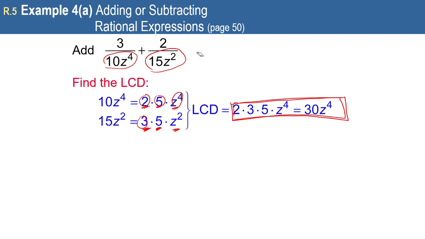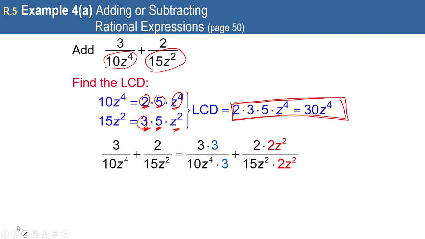So we'll multiply the top and bottom by 2z squared. Here I'm multiplying by 3, and here I'm multiplying by 2z squared because we need it to be 30z to the fourth again. So let's do that and simplify this expression.